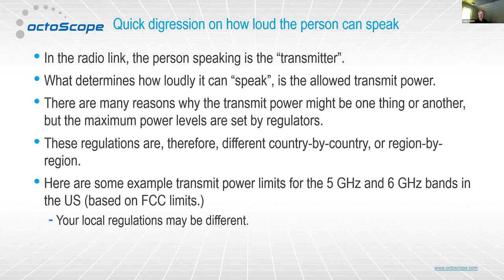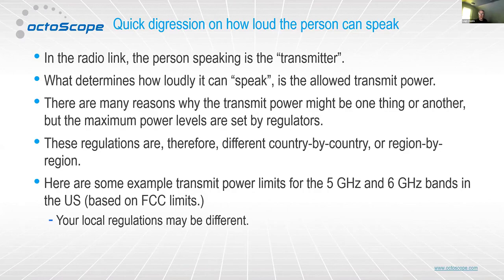There are actually a lot of reasons why the transmit power might be one thing or another. A certain kind of wireless link might demand high power, and another kind might not. The decision may be based on the actual service that you're trying to provide. But at the end of the day, the one thing we know is that the maximum power level is set by regulatory restrictions.